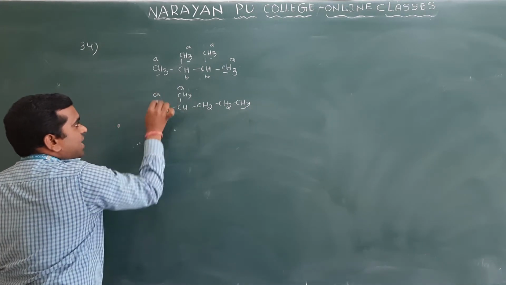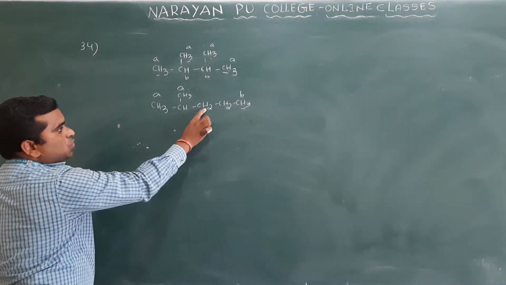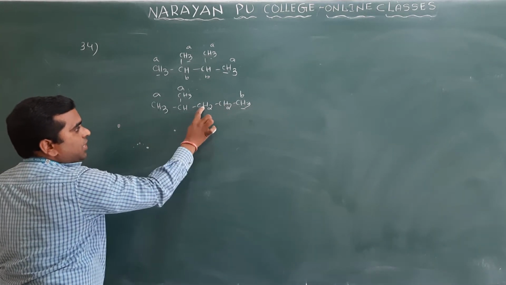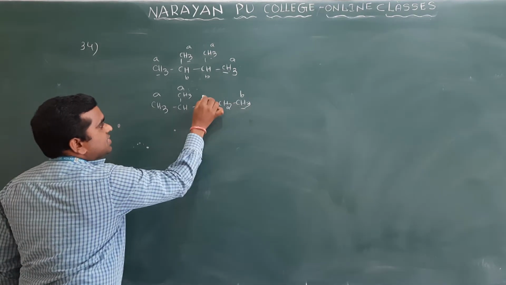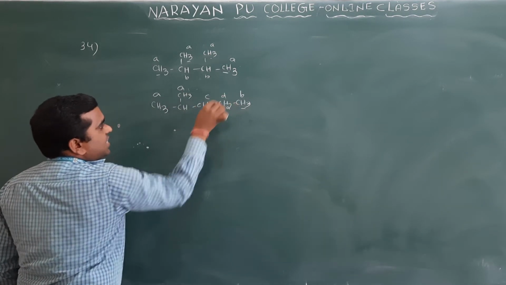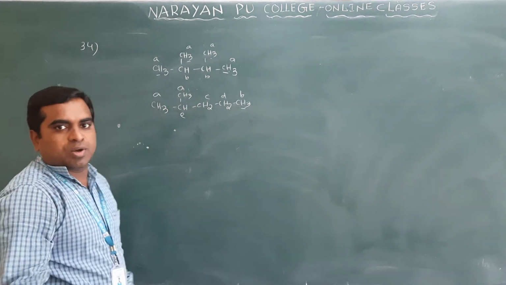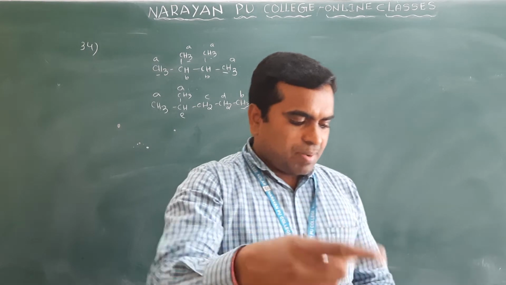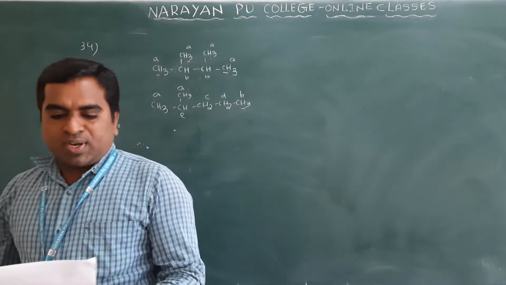Suppose A, then it is B. Clear? This CH2 and this CH2 are both different because one is attached to CH, the other is attached to CH3. So if it is C and it is D and this is a different E, how many types does it give? 5 types of monochlorinated products. So from the remaining options you will get the answer. Clear? No? So next one. The 4th one is the answer here.